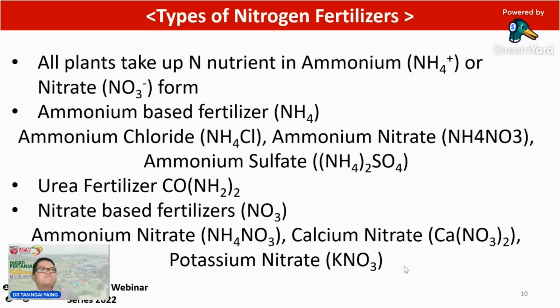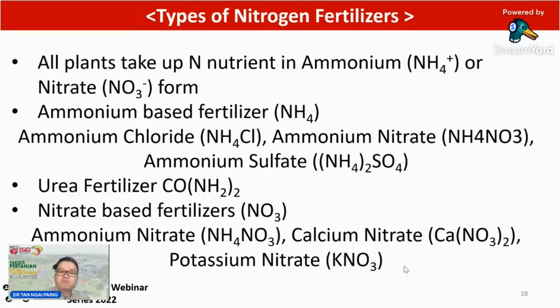Most of the time, I found that in Malaysia, we don't have a very clear regulation in terms of labeling the form of the nitrogen fertilizers. So this is a bit of a miss, sorry, to not see what kind of nitrogen you are putting. But most of the time, if you buy these straight fertilizers, you will know.